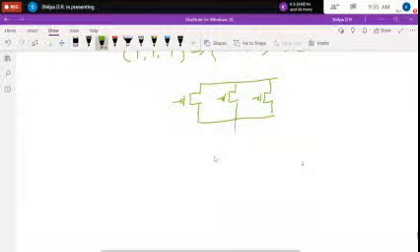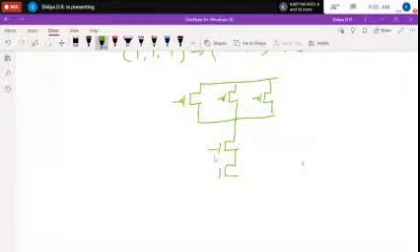Ma'am, the second case is 0, 1, 0, so it will be the middle transistor that will be on. Yeah, it's not actually required. Anyway.